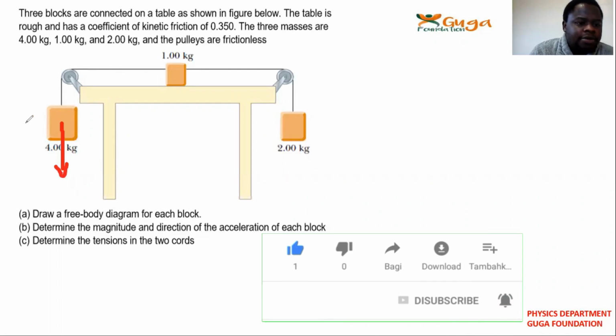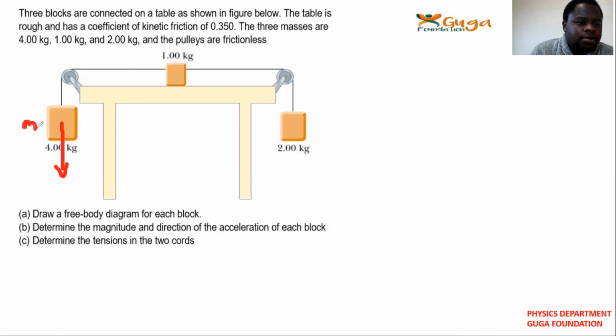Let's say this is the block M1, and then this will be M2. This will be your M2, and obviously, this will be your M3.